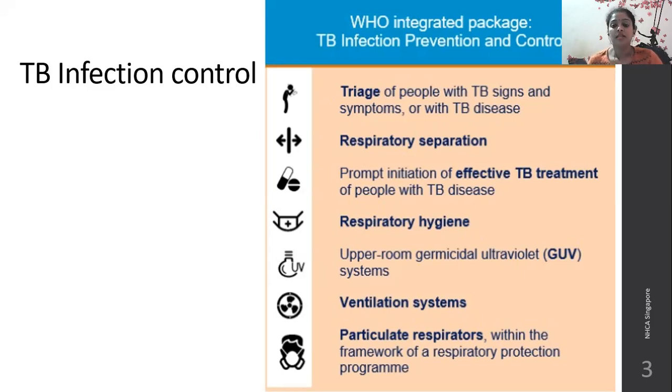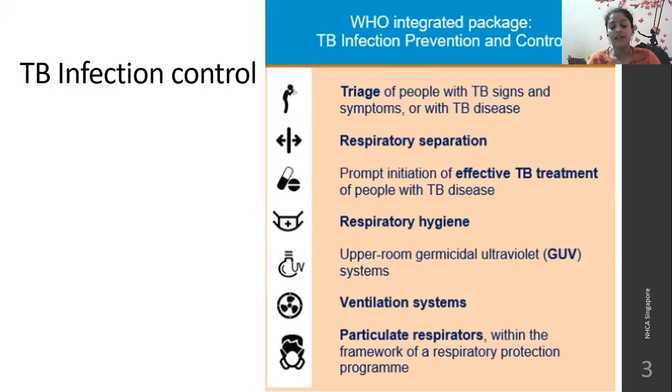An upper room germicidal ultraviolet system should be attached in the rooms where examination and screening of TB patients are done. It means that some HEPA filters and some ventilation systems come along with ultraviolet radiation, and there are some lighting facilities which will send ultraviolet radiation, and that will kill the microbes in the droplets near the coughs and sneezes of the patient, thus making sure that droplets are taken care of and will not spread from one person to another in the same room.